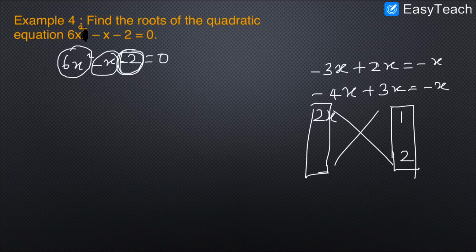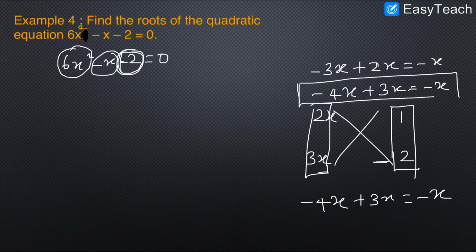You can split it as 2x and 3x, which gives me 6x square: 2 3s are 6, x times x is x square. So if I add the negative sign to the bigger number, I will get minus 4x plus 3x equals minus x. So I have to choose this number.